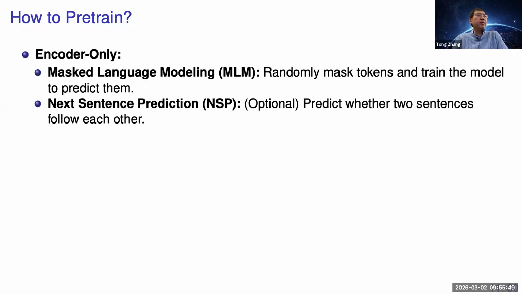How to pre-train? Right, so basically, encoder only. We'll talk about the masked language model, and next sentence prediction, which is from the third paper. Later on, people dropped this, but this one is important. The masked language model has been revived nowadays.